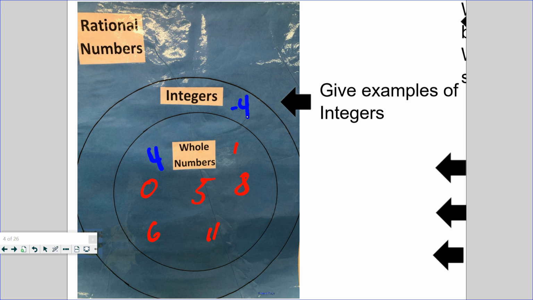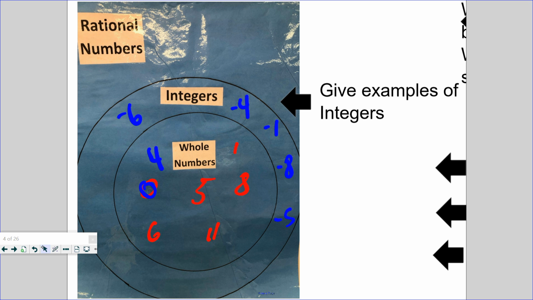So its opposite is -4. 1 is a whole number, opposite is -1. 8, opposite is -8. 5 is 5 units from 0, -5 is 5 units from 0. 6, -6. 0 can be best represented as a whole number.